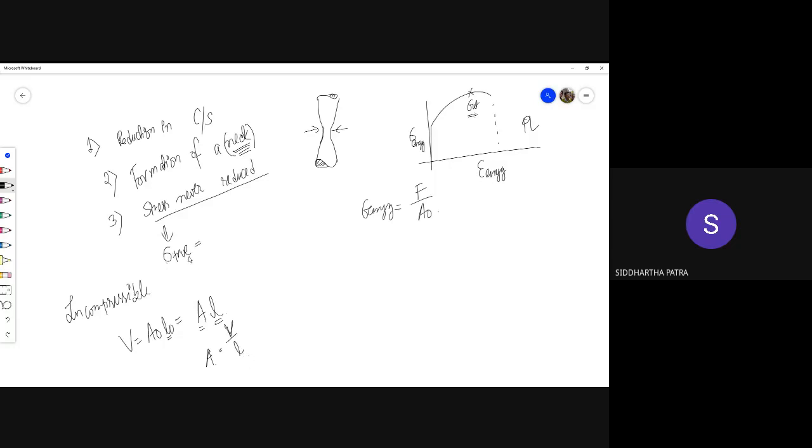So that means that there is a reason for the reduction in cross section. And the true stress is based on the current cross section area, so it is force divided by the current area.